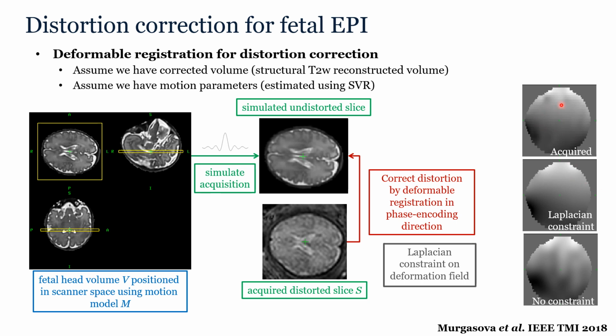This is an acquired field map, which is ground truth for us, and you see that with the Laplacian constraint we have a nice smooth field and it corresponds to the acquired one, while we see some artifacts if we don't apply the constraint. And these artifacts would be even more prominent if we didn't restrict the registration to phase encoding direction.